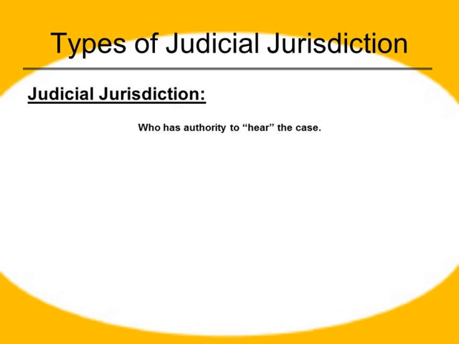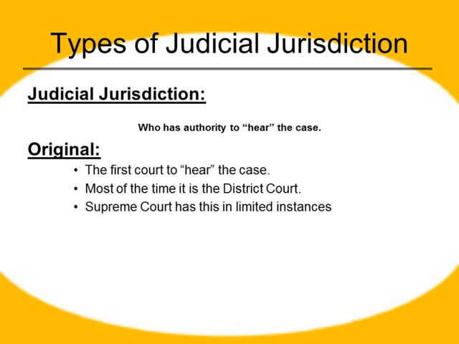When we talk about judicial jurisdiction, we're simply talking about which level of the court system has the authority to hear the case. There are certain cases that have to start at the first level. There are certain cases that can start or have to start at the Supreme Court level. Each of the three levels of the court system has a different jurisdiction or different job. The two types of judicial jurisdiction we'll talk about in this video are original jurisdiction and appellate jurisdiction.